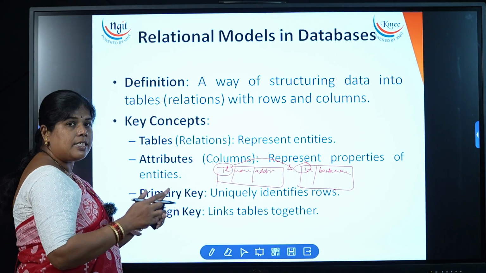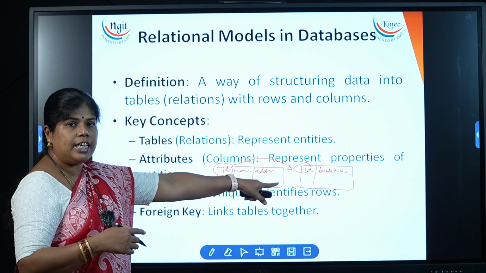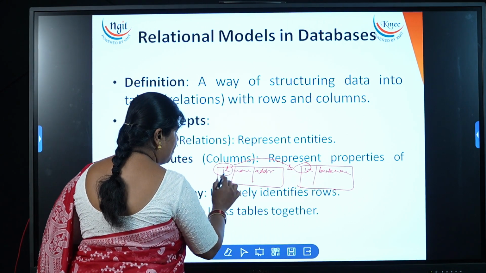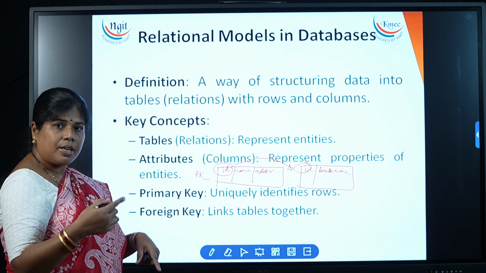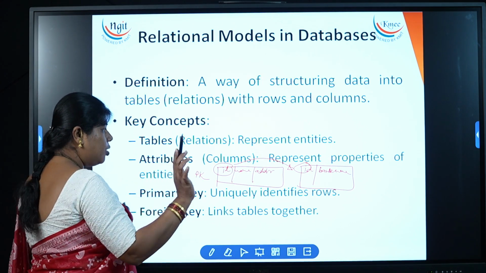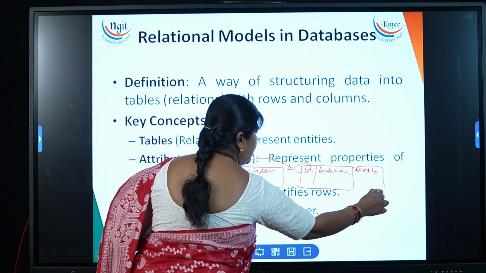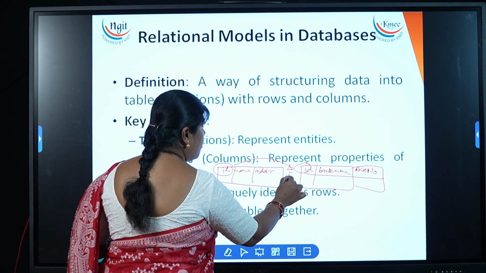Now, what happens? The primary key of one table becomes a foreign key in another table. Here customer ID is the primary key in the customer table, but is customer ID the primary key in the account table? No. In the account table, account number is the primary key. So here customer ID will become the foreign key.